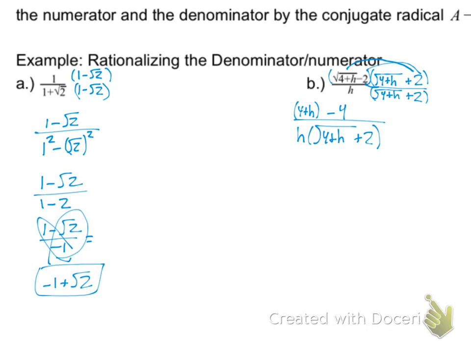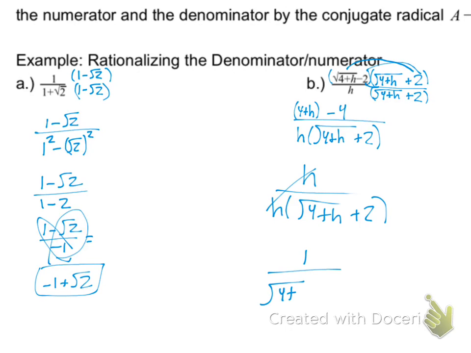What happens? h over, oh wait. Yeah. And to be honest, I did not personally think that was going to happen. And it's not a reason I left it out front, but is that always an option that things could cancel? Yes. So you end up with 1 over the culprit, right?